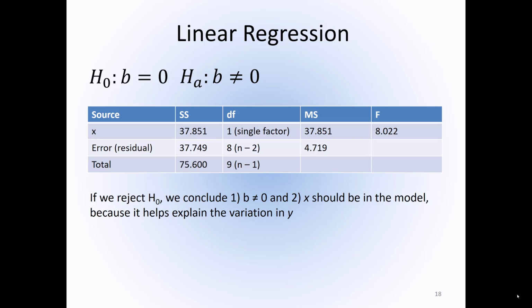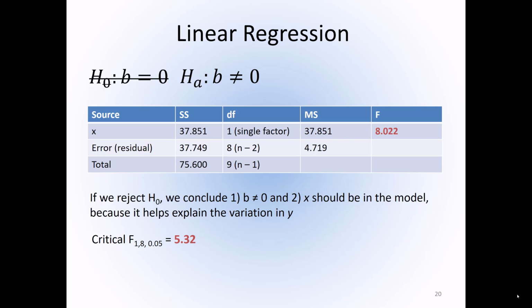Now again, our F distribution has two different degrees of freedom, and we use the numerator and the denominator to determine this. Our numerator here is x, and our denominator is the residual. So we can look through our F table and get our critical value. We're not going through this in the video because we've done this several times in these videos and we'll be covering this in class.